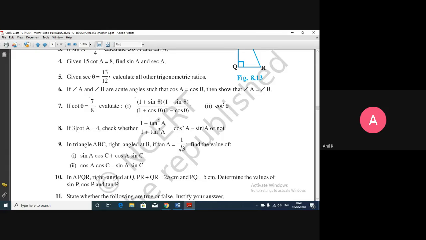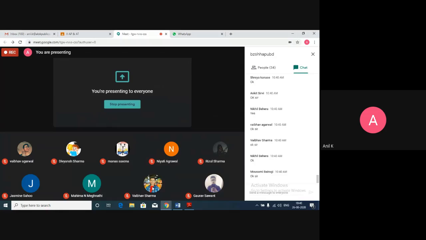Here also cot A is given as 4 by 3. 3 cot A equals 4, then cot A will be 4 by 3. If cot is 4 by 3, then what is the tan value? If cot is 4 by 3, then the tan value will be 3 by 4. It is the reciprocal, right?